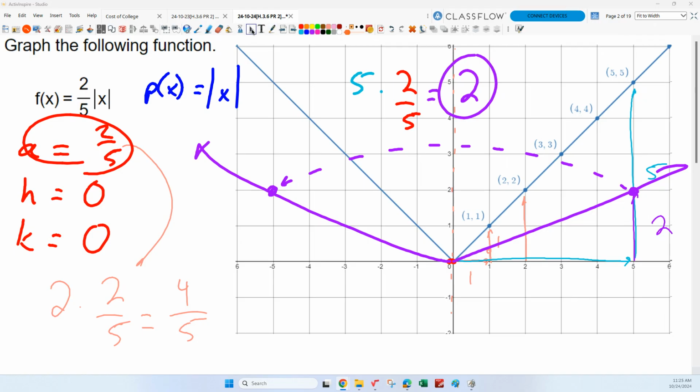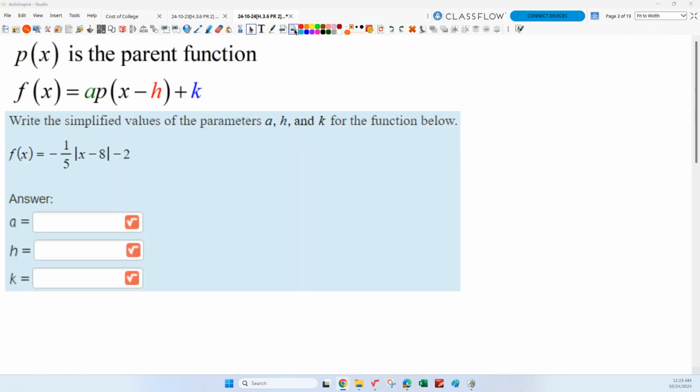All right, just a quick reminder here. What are the values for this particular function? What is my parent graph, parent function, first of all? Absolute value of x. If I were to erase all the numbers that are not a part of the function, you see what I'm saying?